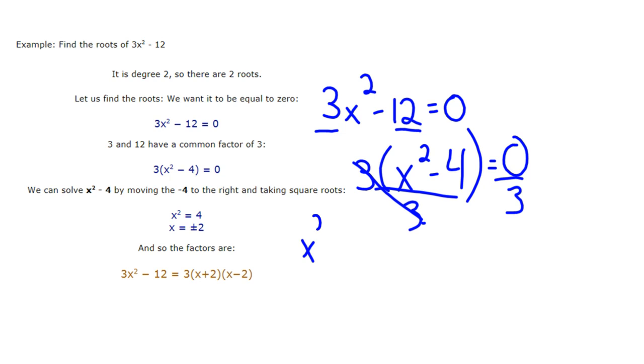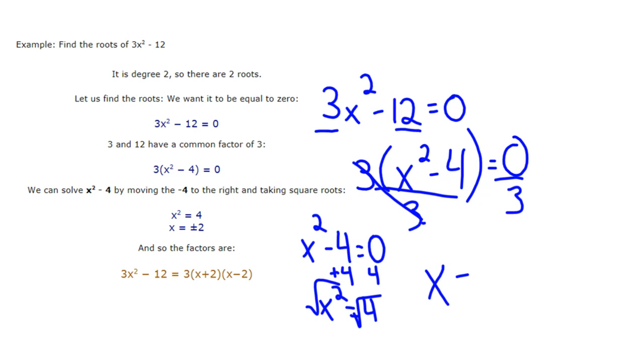We're left with x squared minus 4 equals 0. Same as we solved the first one, we're going to add 4 to both sides. We'll be left with x squared equals 4. Last step will be to take the square root of both sides of this equation, again leaving us with x equals positive or negative 2, which we can see over here is our solution.